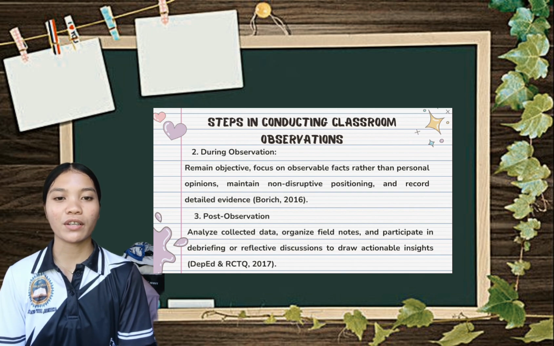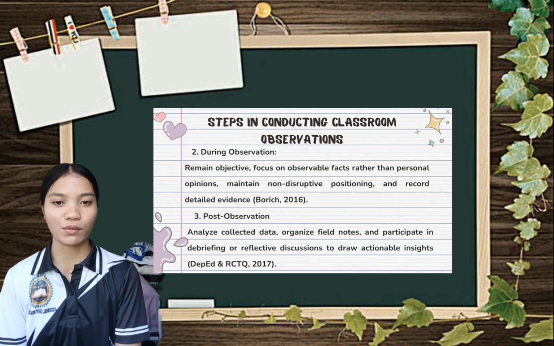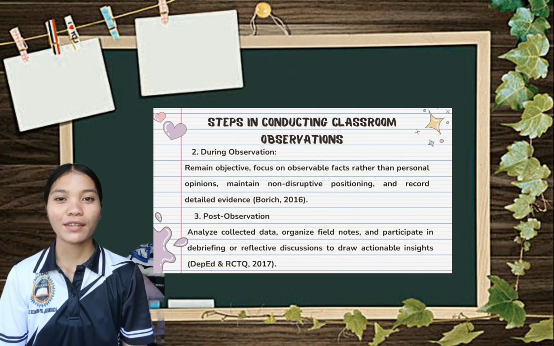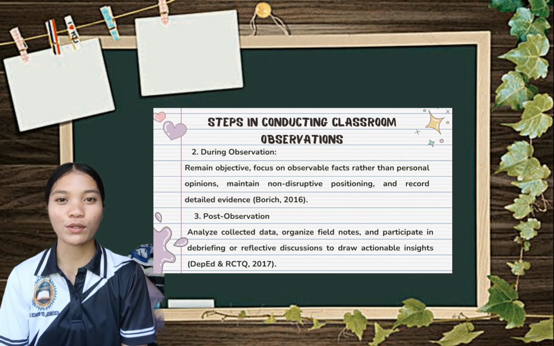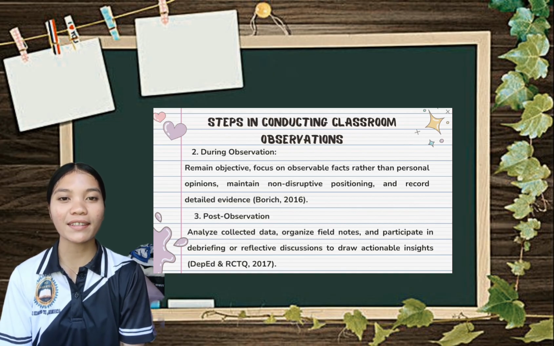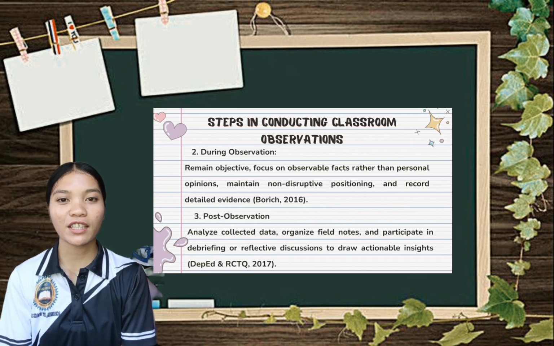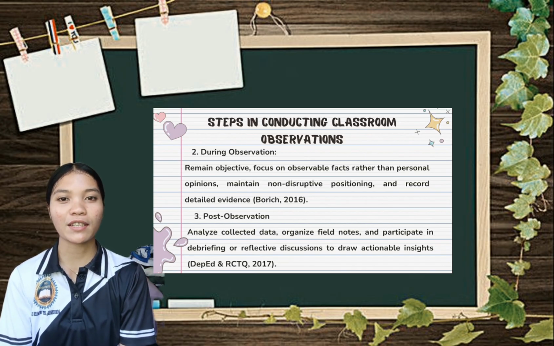We should record what we actually see and hear instead of immediately judging whether something is good or bad. And the final stage is post-observation. After the lesson, the observer analyzes the information that was collected and organizes the field notes. The observer and the teacher may also participate in a debriefing or reflective discussion.